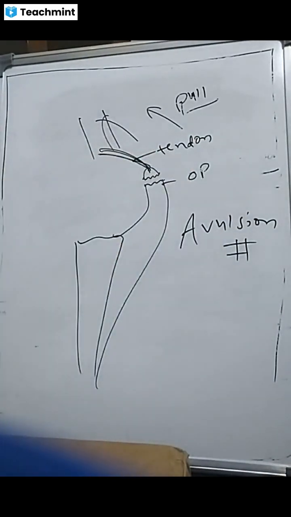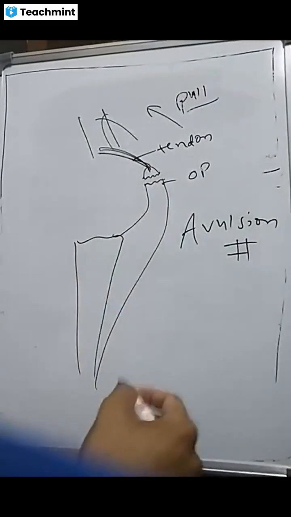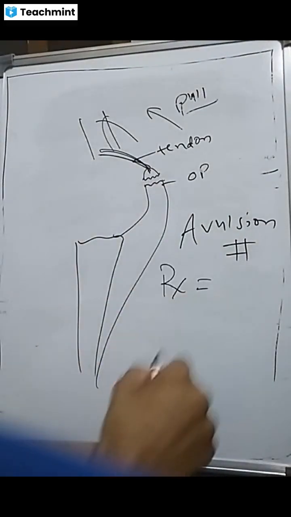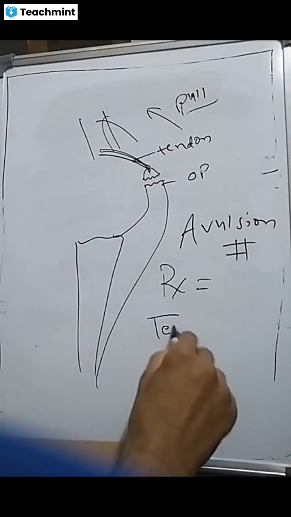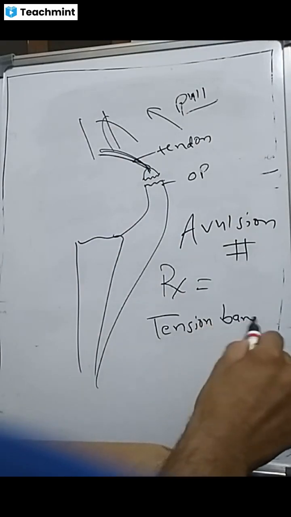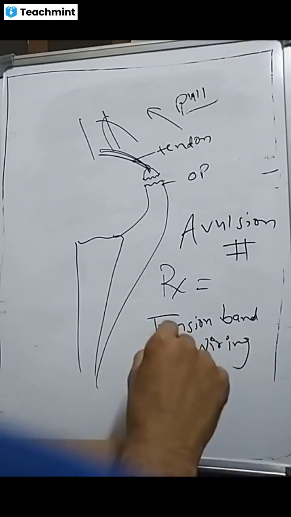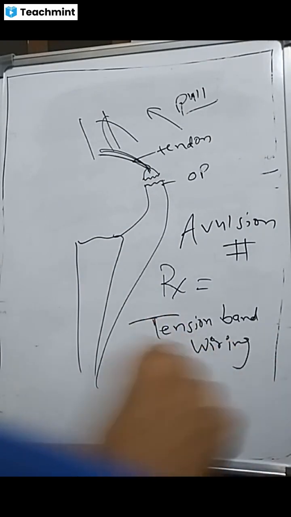So along with the tendon, it gets severed. So this is known. The correction in orthopedics is known as tension band. The surgical procedure is known as tension band wiring.